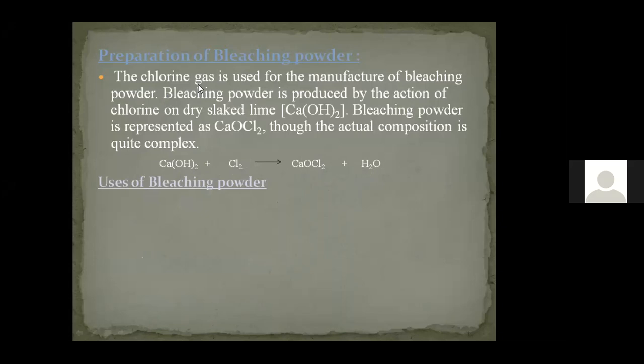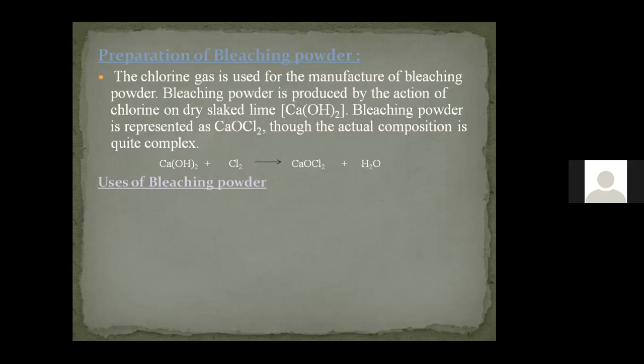And this chlorine gas is obtained from the preparation of sodium hydroxide, and that requires sodium chloride as a raw material. So from there we get chlorine gas, which is then made to react with the slaked lime. This is how we prepare the bleaching powder.